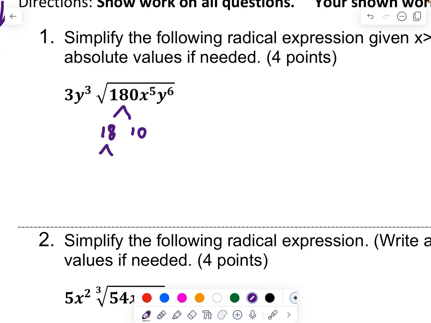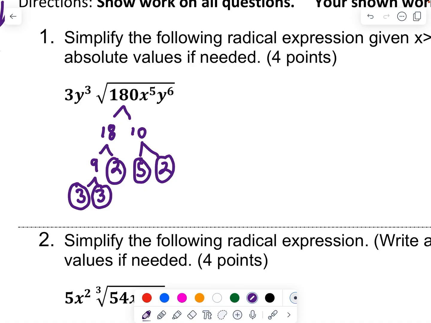Let's break 18. 9 times 2. Let's keep going. 3 times 3. That's a prime number. That's a prime number. That's a prime number. My factor tree is stopping at those points, so I'm circling those points so I don't forget. And 10 is 5 times 2. Both prime numbers. I'll circle those.